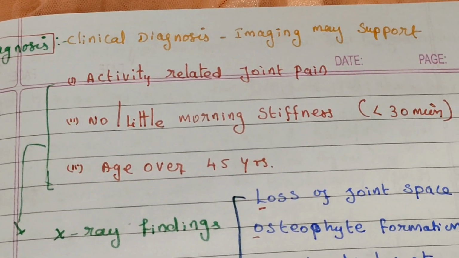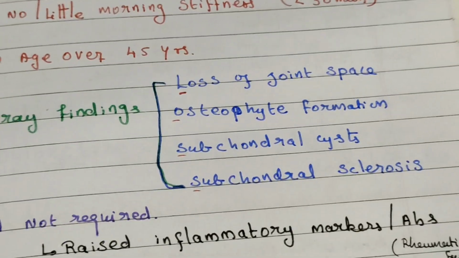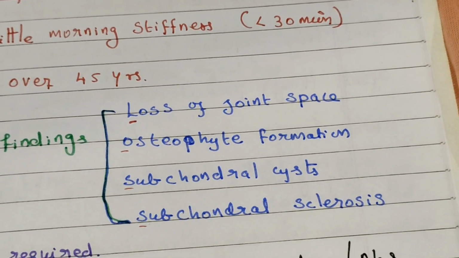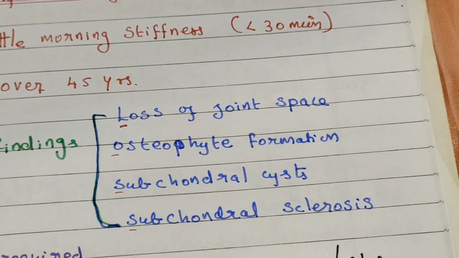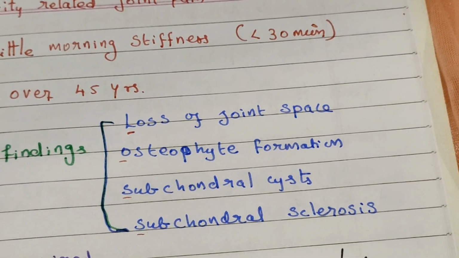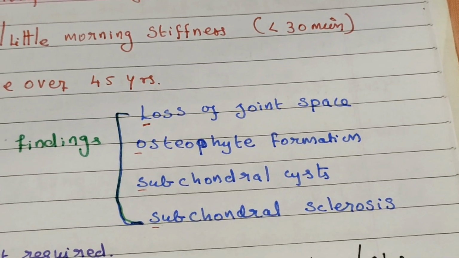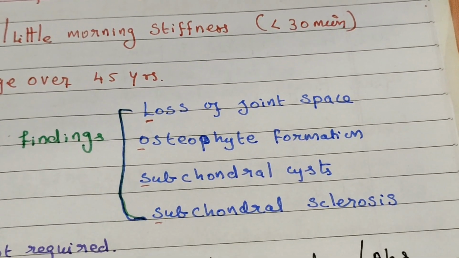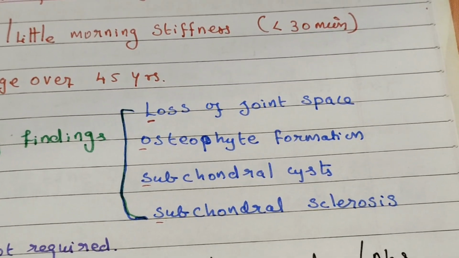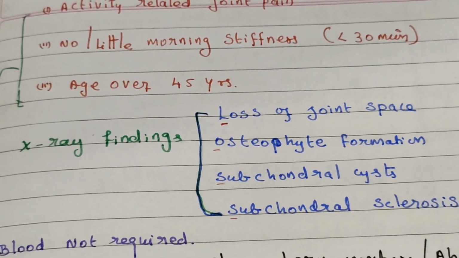Commonly finding x-rays, here we can find 4 things. Loss of joint space, osteophyte formation, then subchondral cyst, fluid-filled, extra growth like a cyst in between 2 bones, then subchondral sclerosis. These are the things we find in the x-ray.